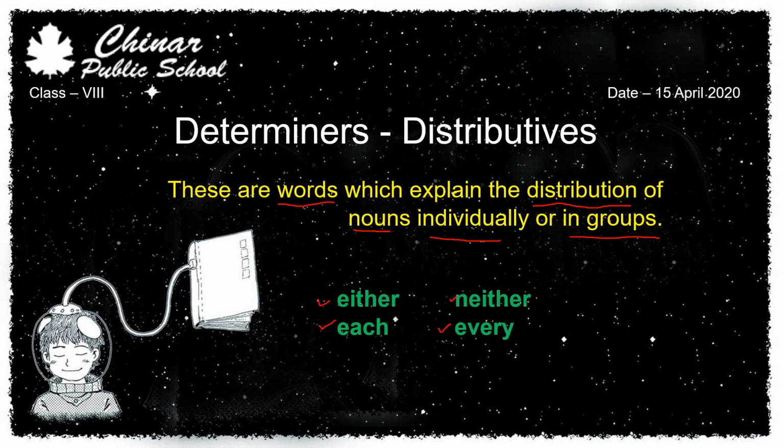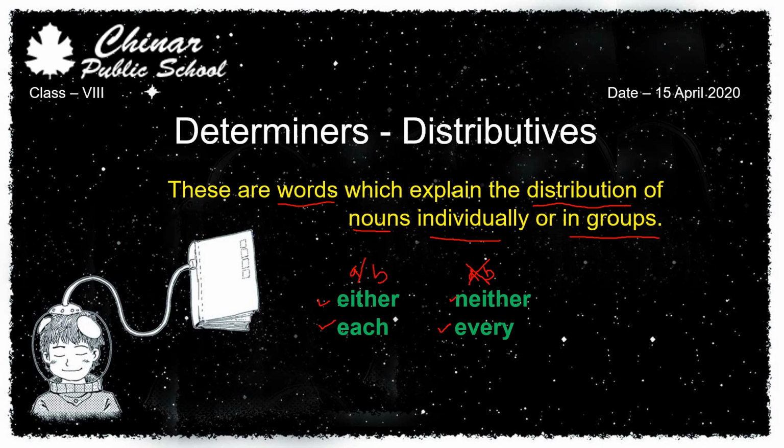For example, if I say you can take either bus, that means either you can take bus number A or you can take bus number B. Suppose I say neither candidate deserves your support. That means none of the candidates is deserving your help or support or any other thing.